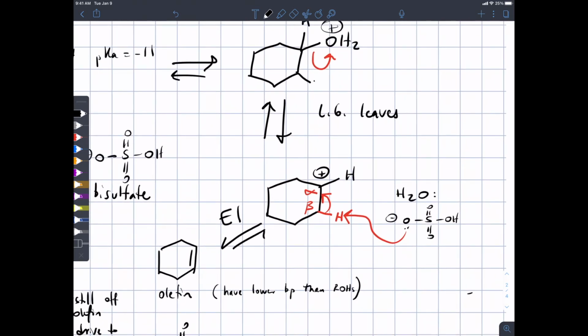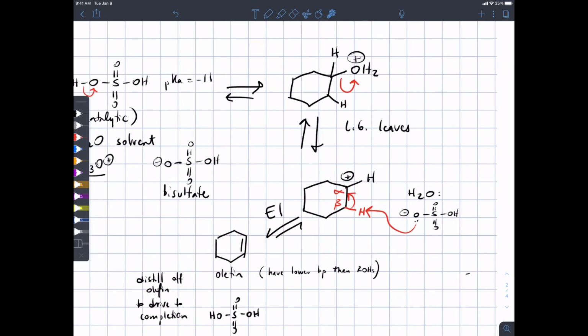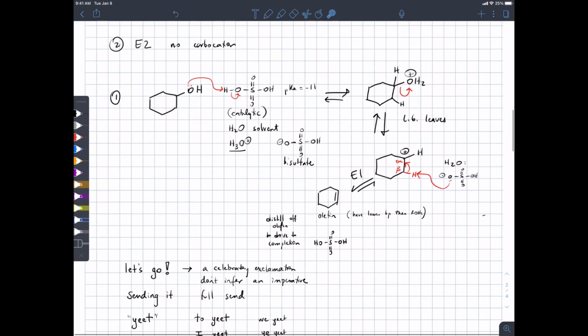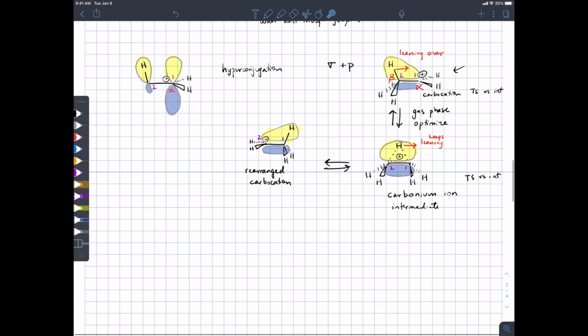How do we know that bisulfate doesn't come in at this earlier step and do an E2 reaction? That's a great question. You wouldn't know that, actually, from this particular example. But there's an interesting experimental result that you can only explain if there's a carbocationic intermediate. So I want to show you that interesting experimental result.